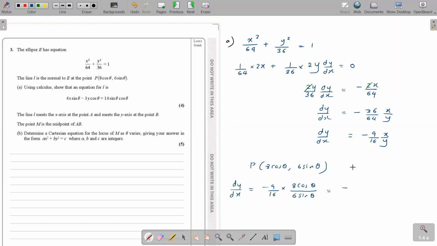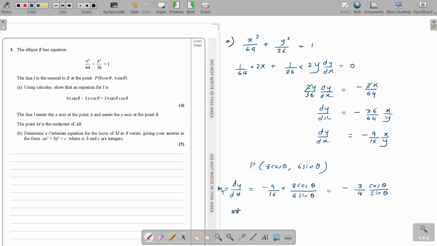It simplifies to minus 3 over 4 cos theta over sin theta. We'll keep it as cos over sin because the answer also has cos over sin. So this is the gradient of the tangent, dy by dx.